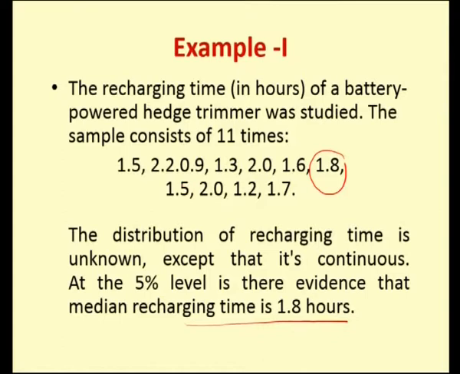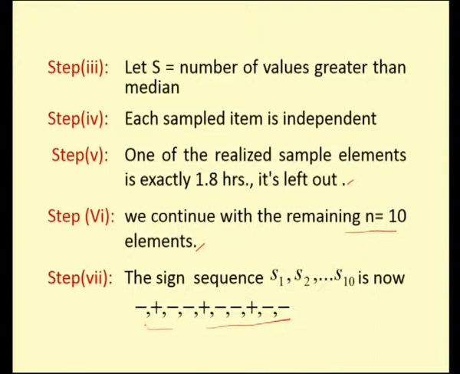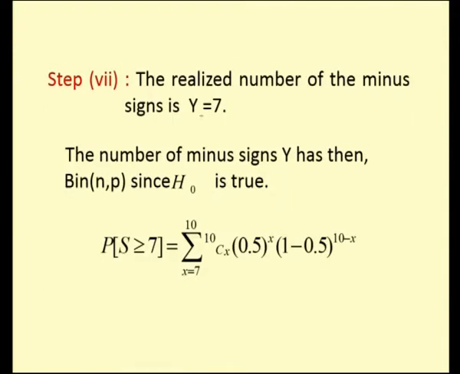As you compare the values, you will have minus, plus, minus. All the values which are greater you give a plus sign, lesser values you give a minus sign. So here you count the minus values: 1, 2, 3, 4, 5, 6 and 7. So the realized number of minus signs is y equal to 7.